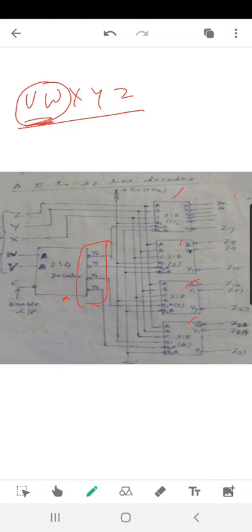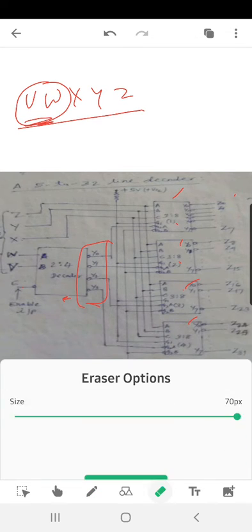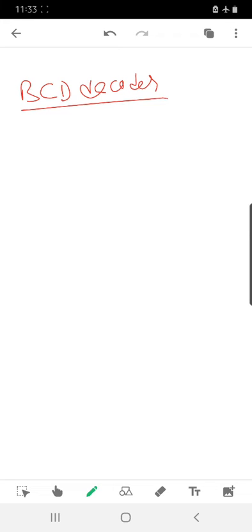Now moving on to the last topic of our decoder unit, BCD decoders. BCD decoder simply means binary coded decimal decoder.